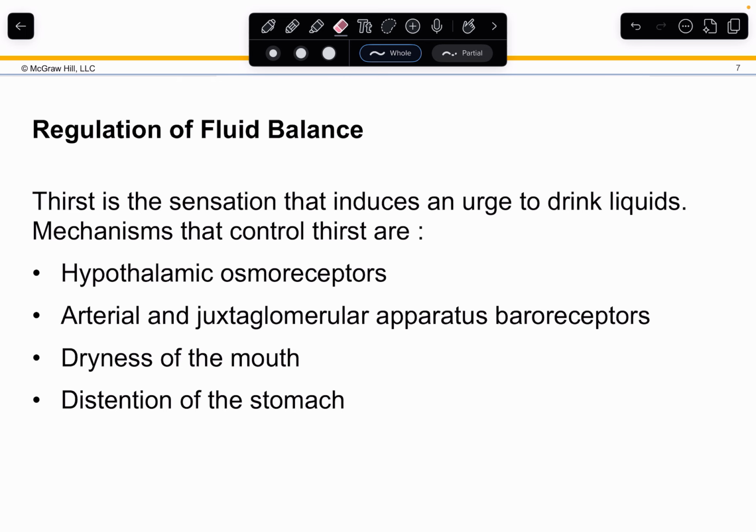Generally, the body uses three major systems to regulate fluid balance: nervous system regulation, hormonal regulation, and kidney regulation. If you look at the nervous system, we get thirsty, we drink water. Another way to regulate is by ADH, antidiuretic hormone, released by the pituitary gland.